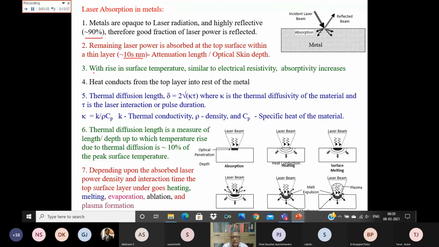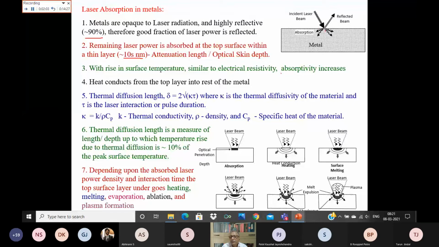With the rise in surface temperature, similar to electrical resistivity, absorptivity increases. It is good luck for material processing that when the laser beam is incident, even though initially only 10% or less is absorbed, since it is absorbed in a very thin layer, the temperature tends to rise.